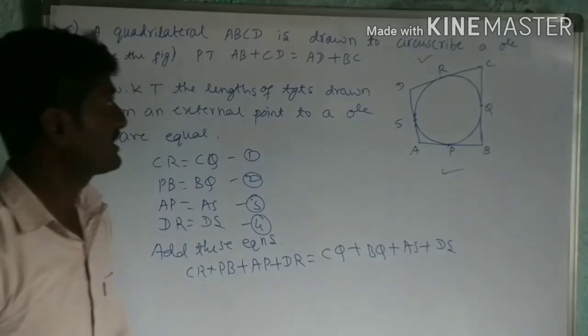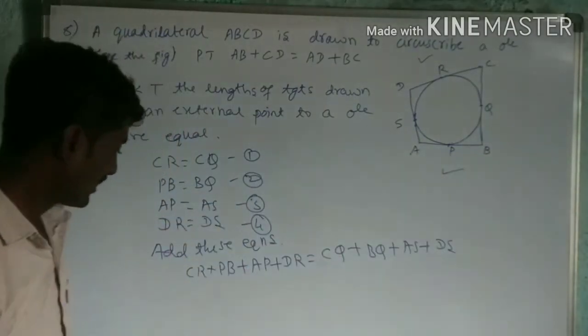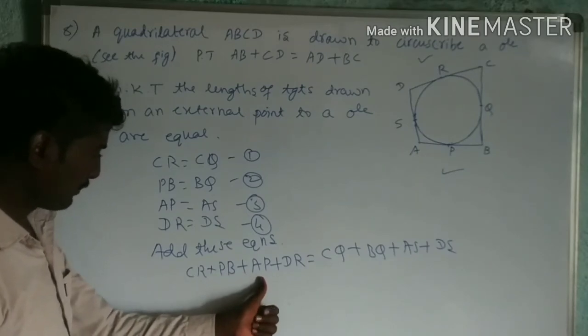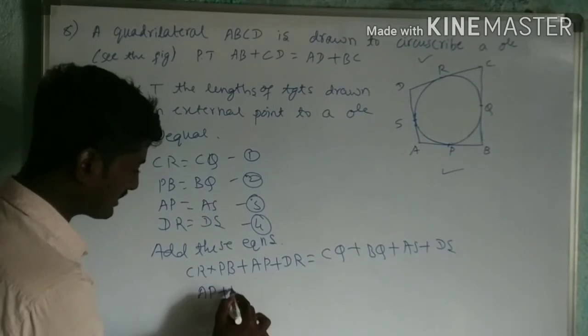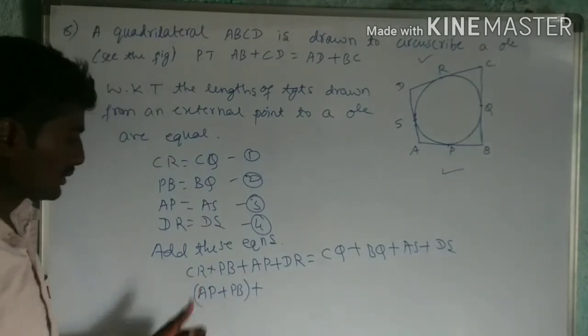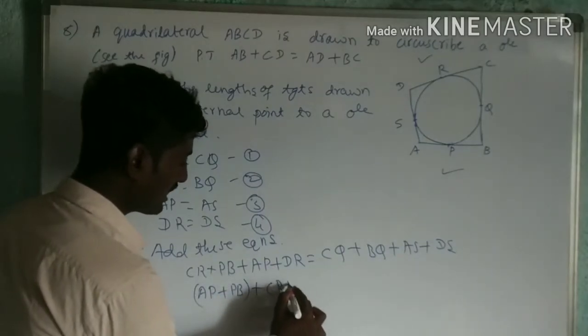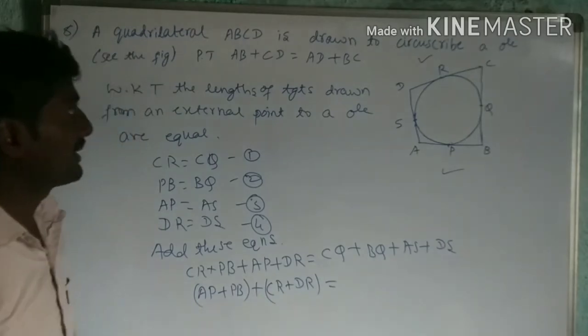Now first I want AB. AB is nothing but AP plus PB. Where is AP? AP is here, PB is here. So I'll write AP plus PB, plus the remaining two, CR plus DR.